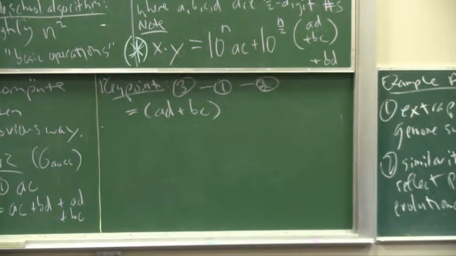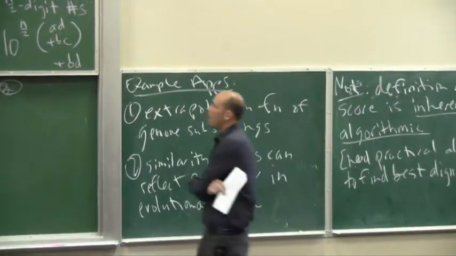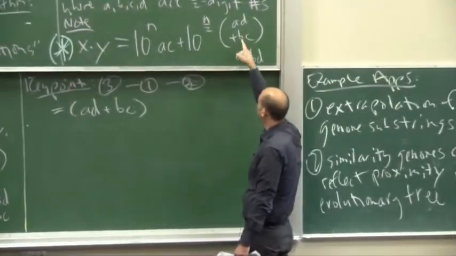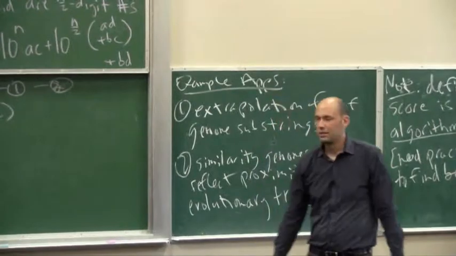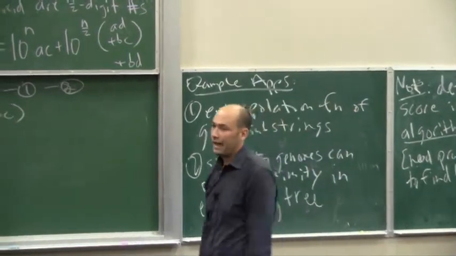Why is that useful? Well, what do we really need? What do we really need to evaluate that expression star? Initially, we needed the values of AC, of AD, of BC, of BD. No, we don't. We don't care about the individual value of AD.